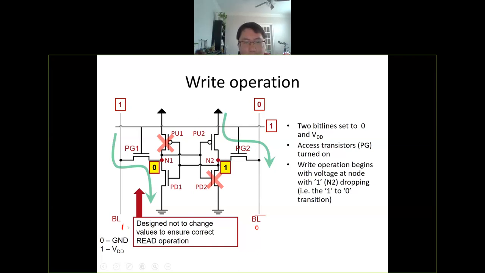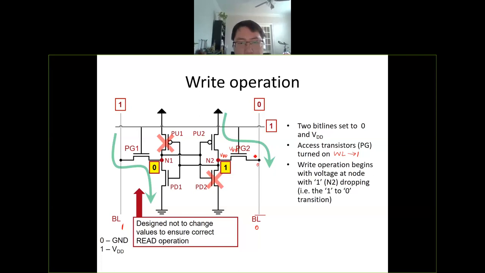So we prepare those two data from the bit and bit bar, and then we turn on the word line again. So then what will happen here is that if you look at the right hand side, here this is 0, and then this is VDD, and then you store 1 here, this is VDD.